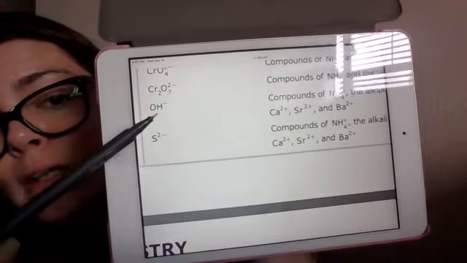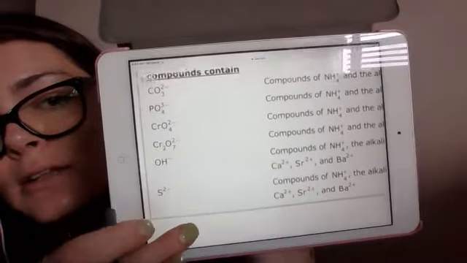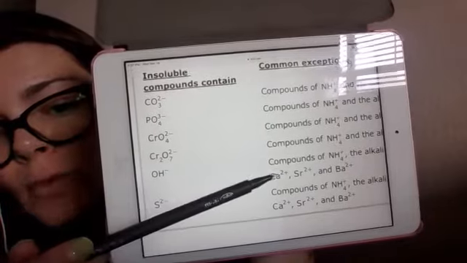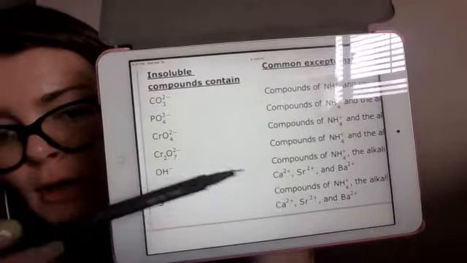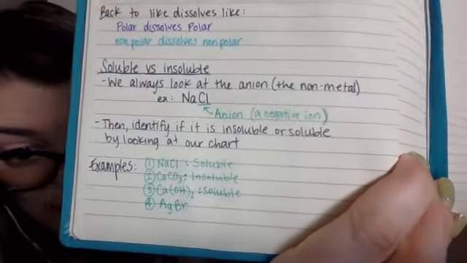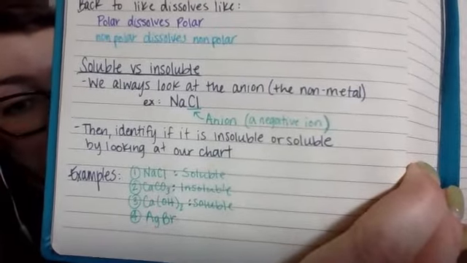So OH is insoluble unless it's with calcium or any of these other things, but your problem was calcium. Therefore, this one is going to be soluble. Soluble. Yay.